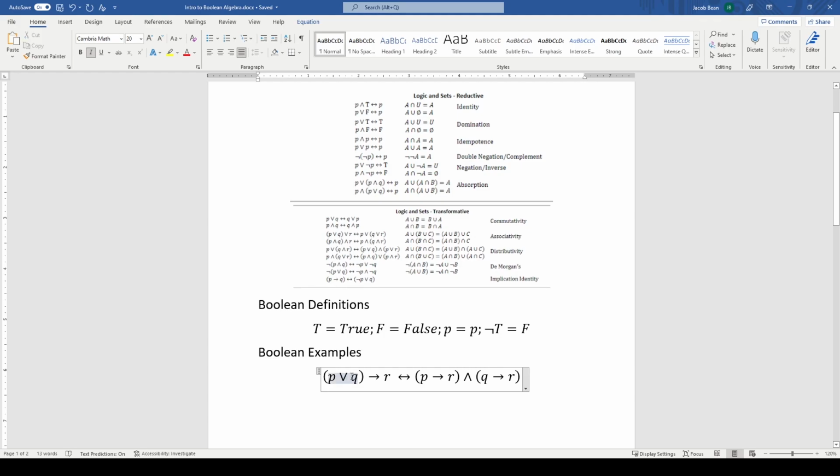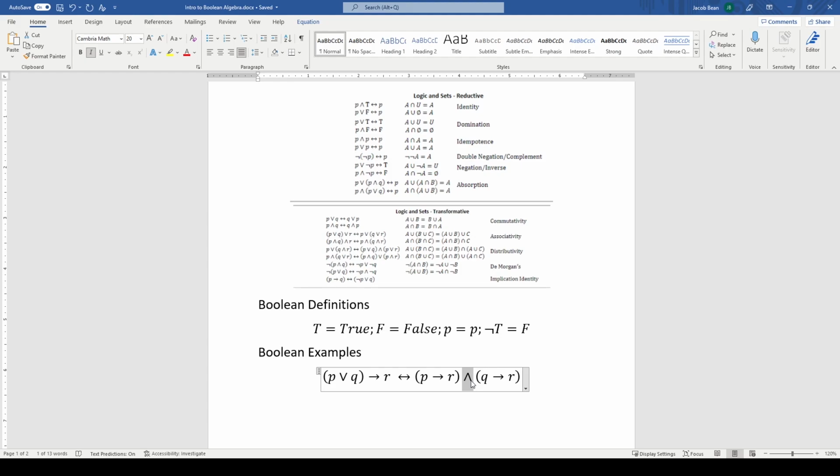This is called a V, this is called a wedge, and this is the logical OR, and this is the logical AND. One silly way that I remember the difference is this is kind of like an exponential symbol, and AND and multiply always go hand in hand in my mind. I don't know if that'll help you, but it's helped me.